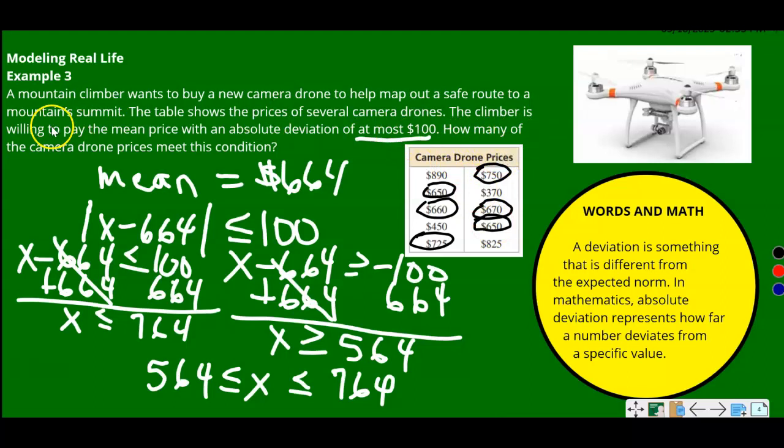It asks how many of the camera drone prices meet this condition. 1, 2, 3, 4, 5, 6. So 6 would be your answer. 6 camera drones fall within that price range.